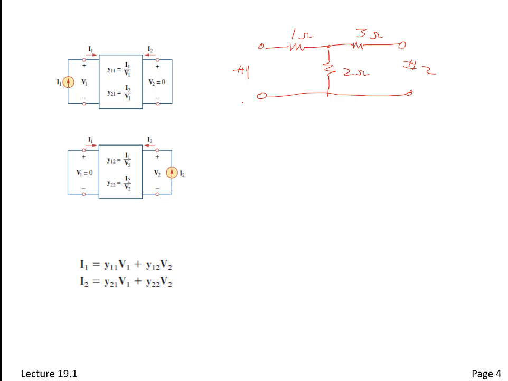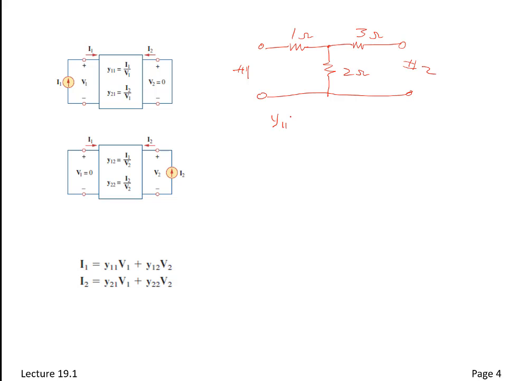Okay, and if we want to find one of the parameters, let's just say we want to find y11. We know what the equations are. They're implied here in all of this.